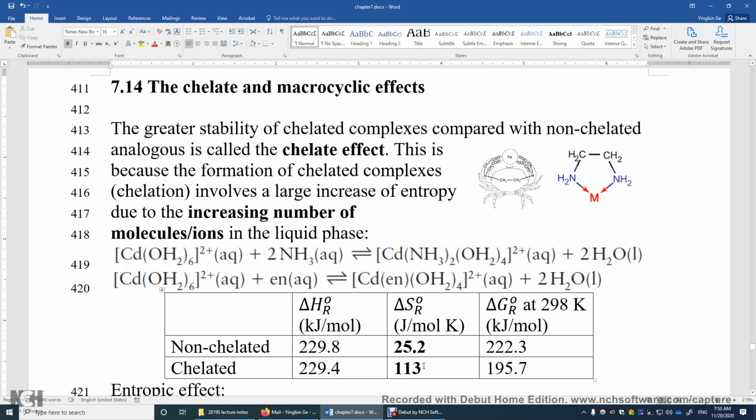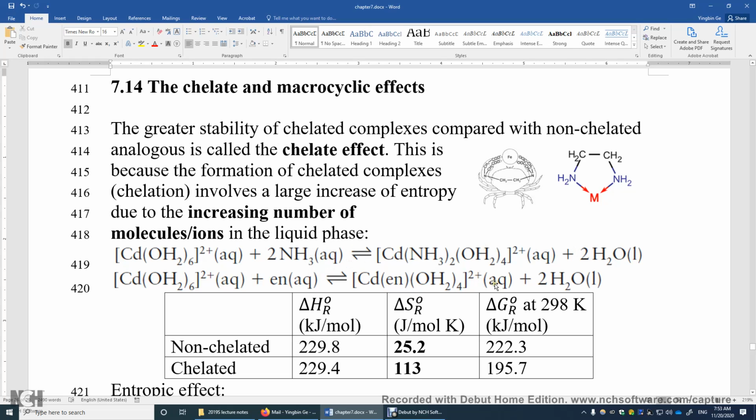And why is that? Well, my trick is just to count the number of molecules and ions in the liquid phase. We compare the left-hand side and the right-hand side. Over here, if you look at the left-hand side of the reaction, there are 3 molecules or ions. So you can say 3 particles. And over here, you have also 3 particles. So really, they cancel.